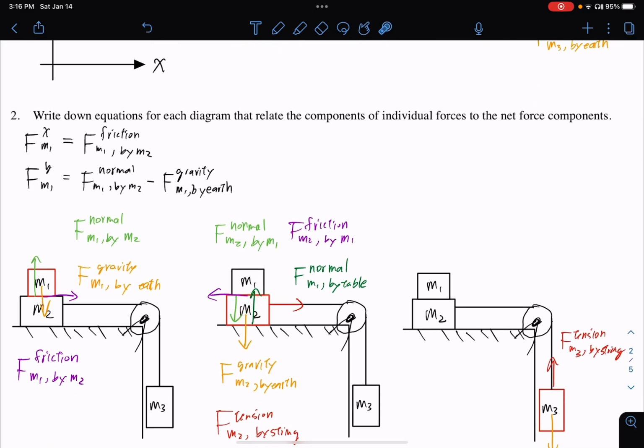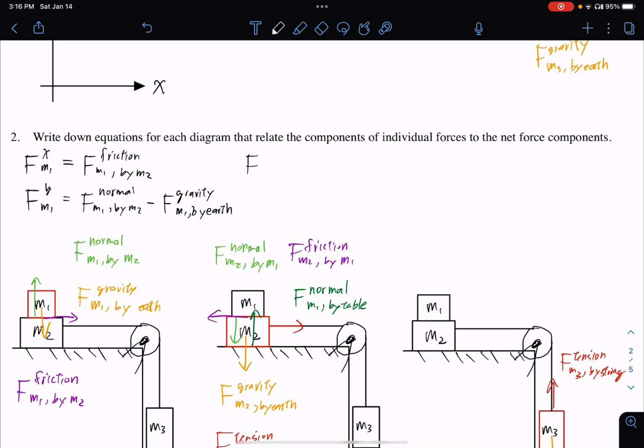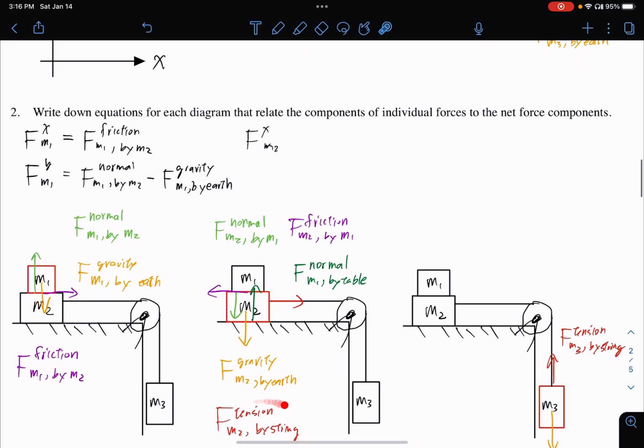For M2, the x component has two contributions. There is going to be the tension force given by the string and the friction force by M1. So M2 is going to have a tension in the x direction, and it is exerted by the string.